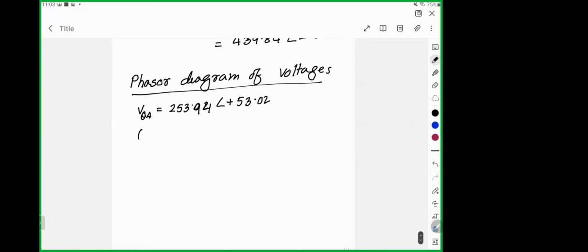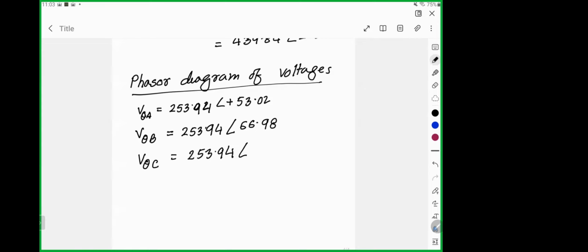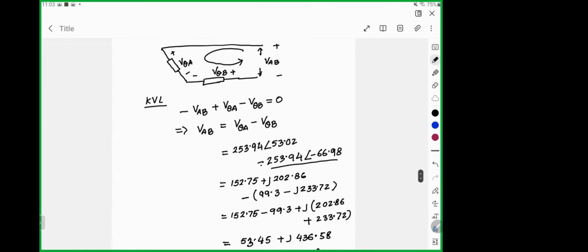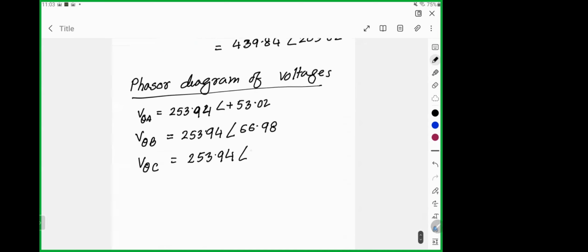And then we have V theta B, 253.94, making an angle of minus 66.98, right? And then V theta C is equal to 253.94, making an angle of 173.02. So all are in degrees.